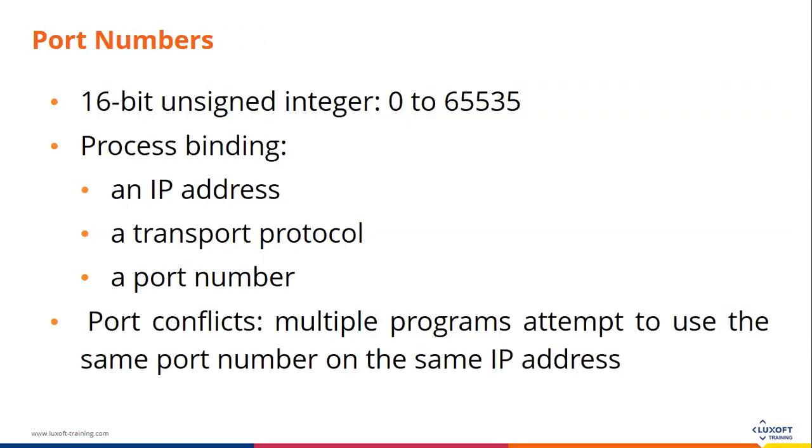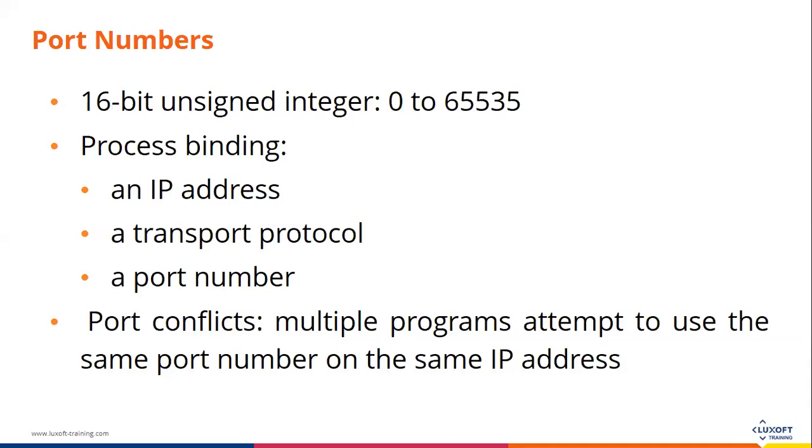In order to make the communication, we need the internet protocol address of the machine, and we also need a port number. This is a 16-bit unsigned integer from 0 up to 65,535.